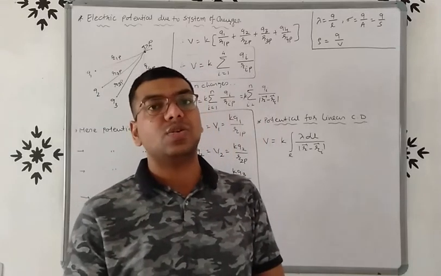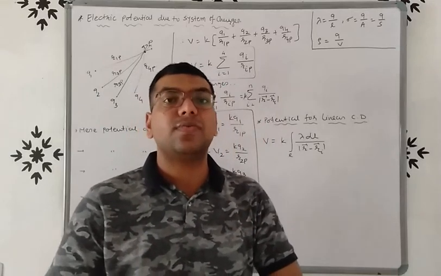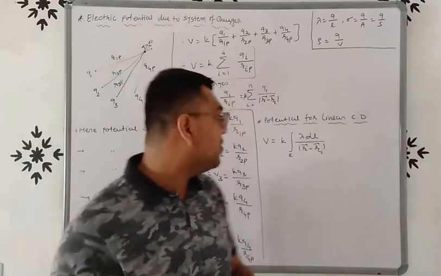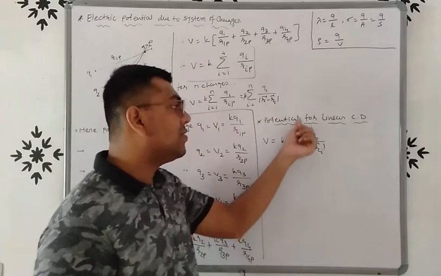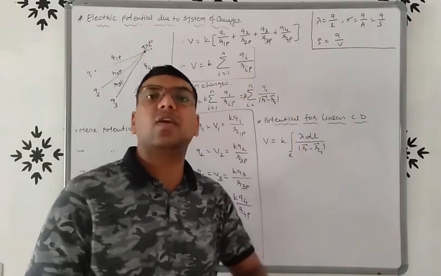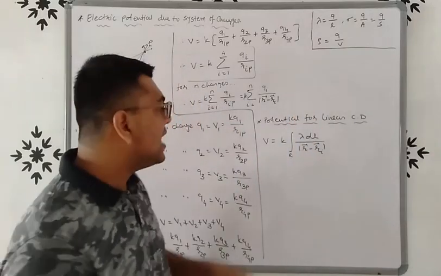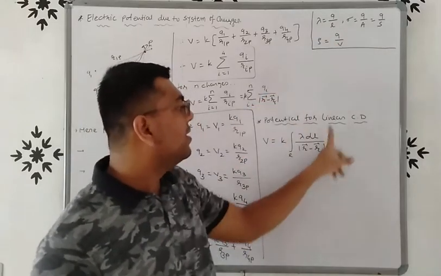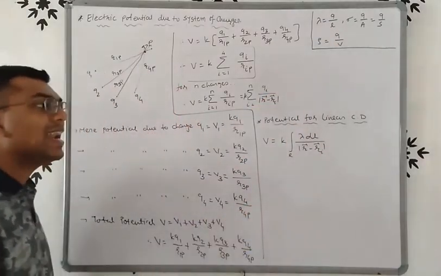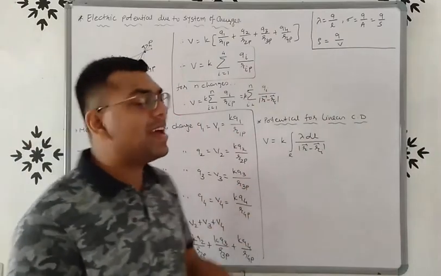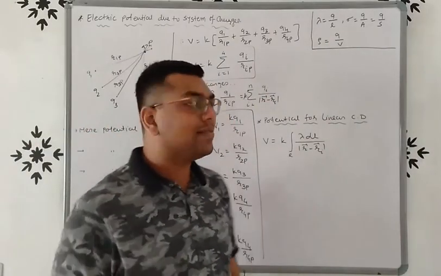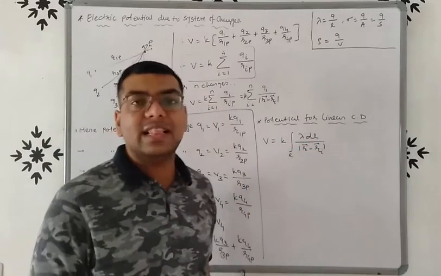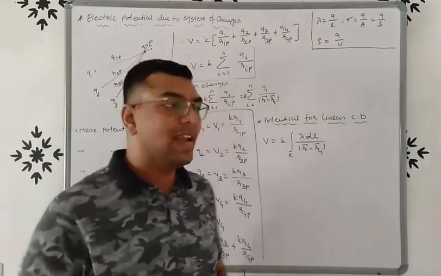So instead of q we have to write dq. So V is equal to k times the integral of dq, that is lambda into dl upon r minus r'. Where lambda is the linear charge density and dl is the element of length.